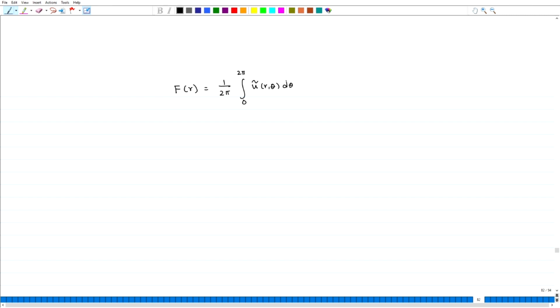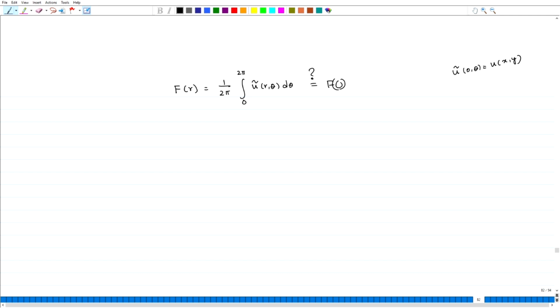What we want to get is that u of x, y is nothing but u tilde of 0, theta, which is equal to u of x comma y. So, essentially we want to know whether this is equal to f of 0, that is what we intend to show.